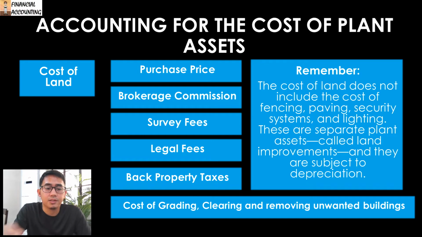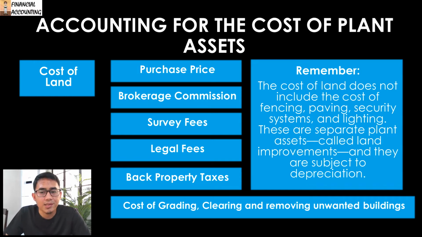Take note of this: the cost of the land does not include the cost of fencing, paving, security systems, and lighting. These are separate plant assets called land improvements, and they are subject to depreciation. So those items attached to the land but subject to depreciation should not be part of the cost of the land.